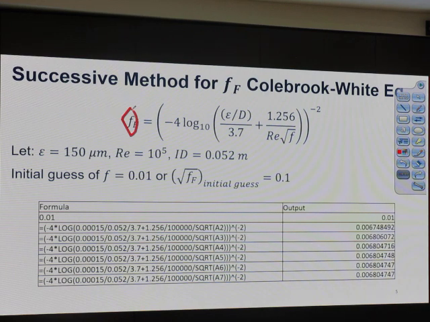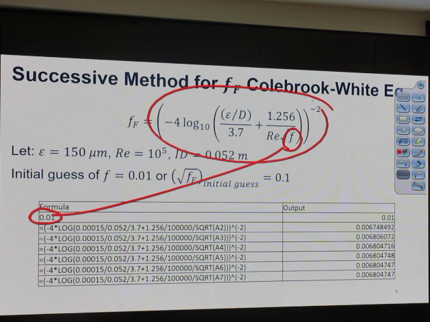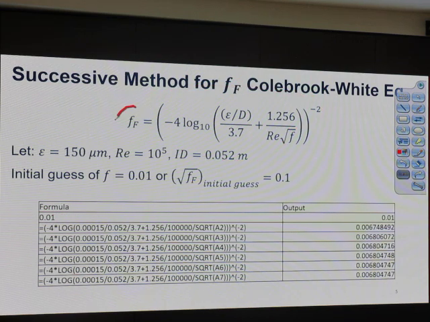I get f equal to some function of f. So what do I do next? I assume f equal to 0.01. I put 0.01 over there, do the calculation and find out what is the result. Output will be that. Okay. The output will be the new value for friction factor.